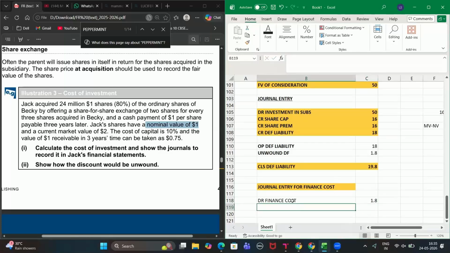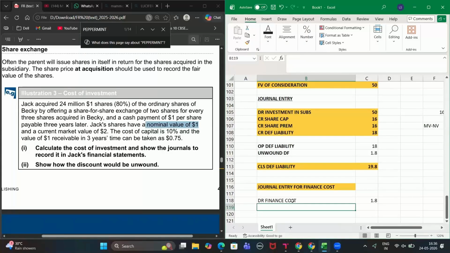So what will we see as a result of incurring this finance cost? What is happening as a result of incurring finance cost? Our deferred liability is increasing, right? Is it clear?